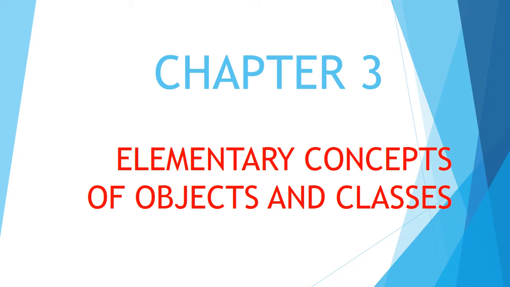Now we will take one more example to clarify the concept of class and object. Let's take the example of a dog. For the class dog there can be two different instances: the first is Bruno and the second is Paula.